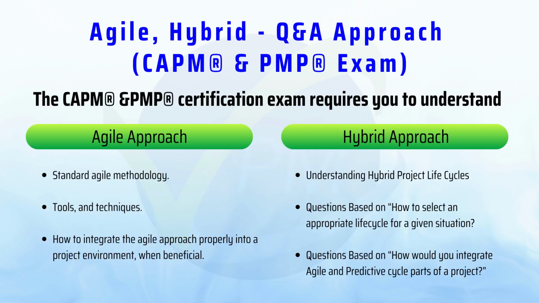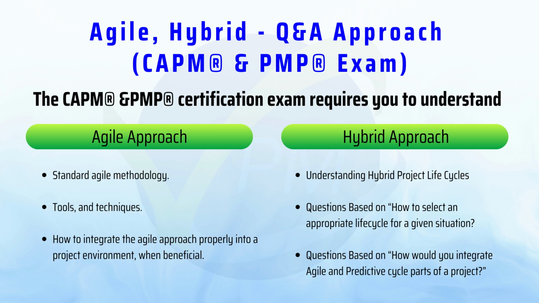If we move on to the Agile Hybrid Q&A approach, the CAPM and PMP certification exam requires you to understand the Agile approach, as we mentioned previously. So you have the standard Agile methodology. You do need to understand the tools and techniques of this approach, and how to integrate your Agile approach properly into the project environment when it's beneficial.